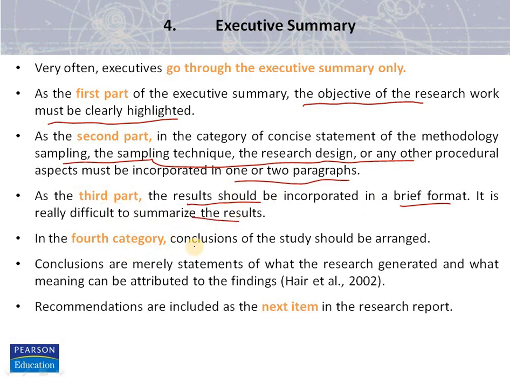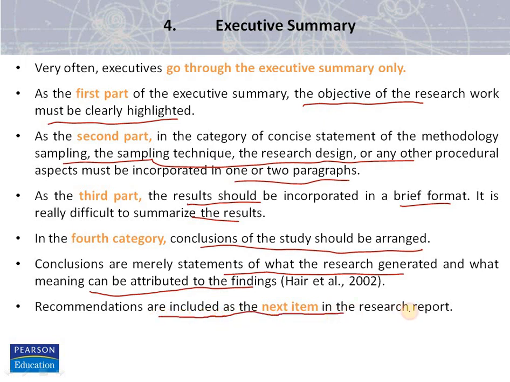Fourth category, the conclusion of the study should be arranged. Conclusions are merely statements of what research generated and what meaning can be attributed to the findings. Recommendations are included as the next item, and many times the executive summary also includes the future scope as well as limitations.